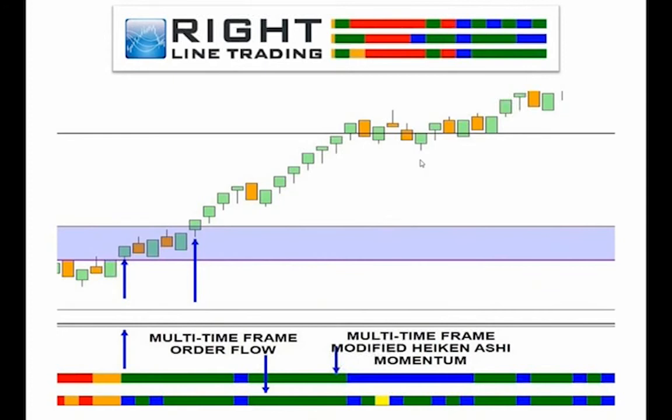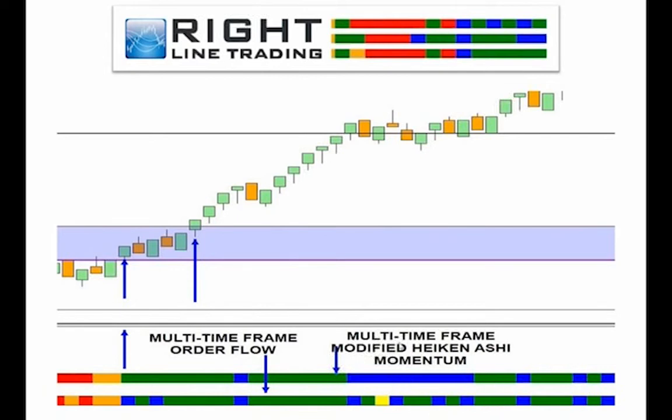Now, we wanted to make the indicator more powerful, and for this particular webinar only, we're going to add this component to the indicator as a special, because there are really two forces going on in the market. Besides order flow, there's also momentum.